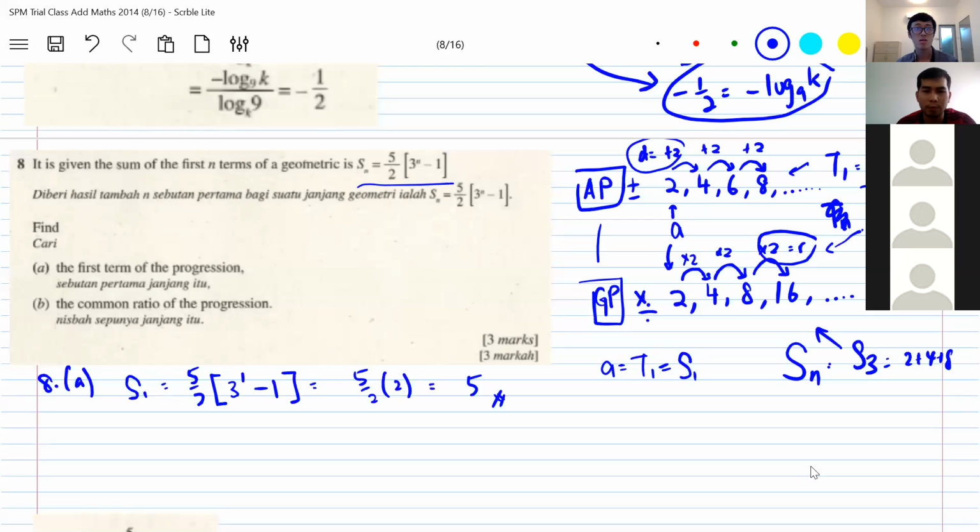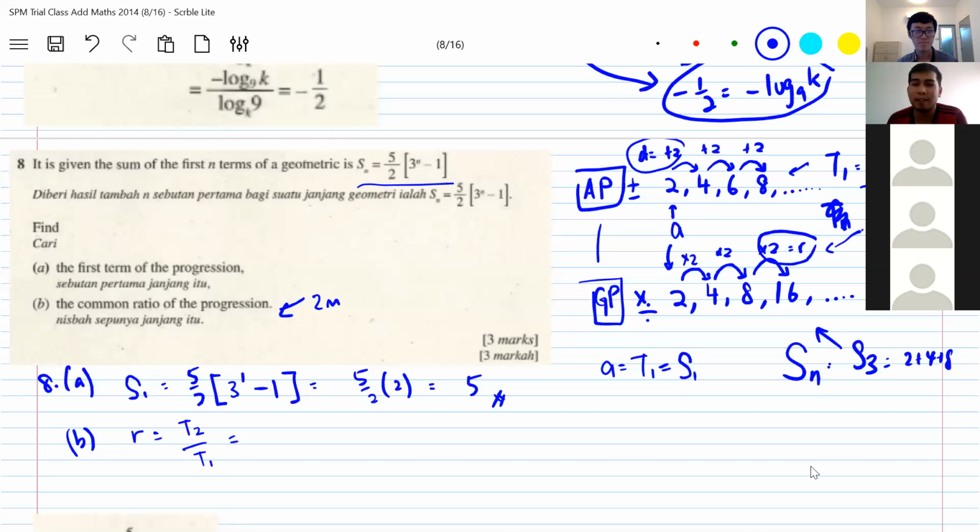Okay? And then look at B. B is a little bit more tricky. This is where they ask you to look for R. Again, you might get scared because you don't know what R is. R is commonly found by dividing the second term by the first, so T2 divided by T1, right? But now you do not have the sequences, so you use a similar logic.